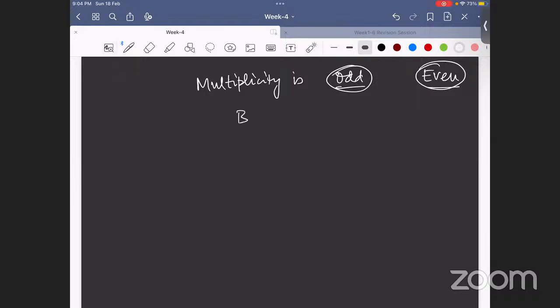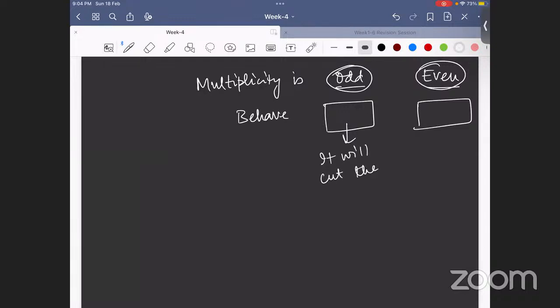So if you have odd, what should be the behavior? It passes through it. It will cut basically the x-axis. And for an even number, it will bounce back, right?